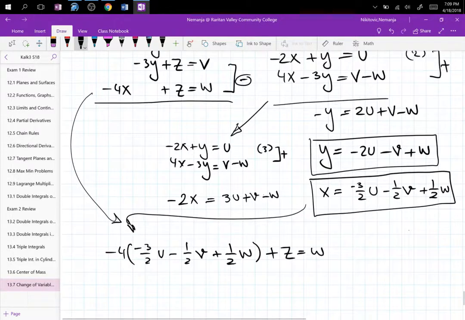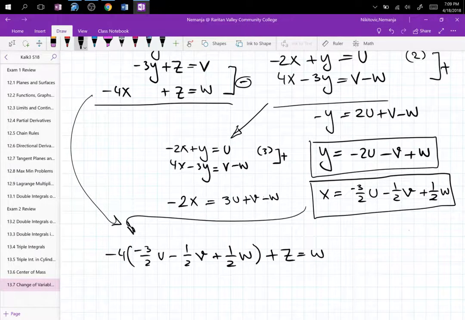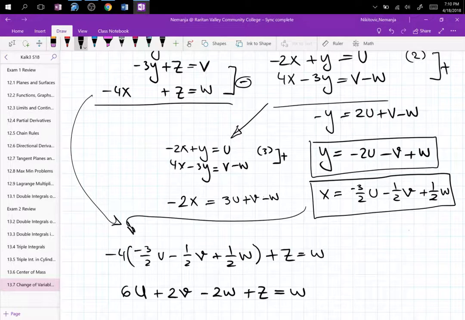So just solve for z. Well, distribute negative 4 first. It becomes positive 6u plus 2v minus 2w plus z equals w.